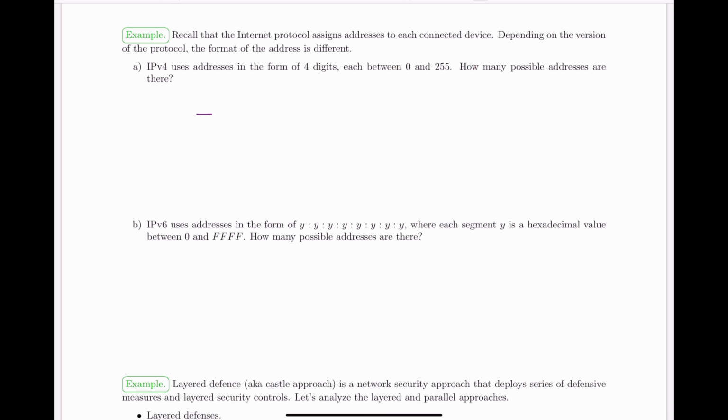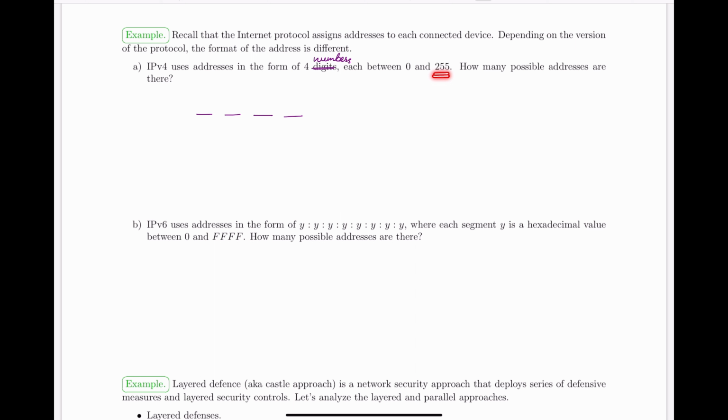As mentioned in the video, IPv4 uses addresses in the form of 4 numbers, each between 0 and 255. So if I'm going to count, what are the possible number of different IP addresses? I have to think of what are the possible options for each of the numbers. Each one of them is between 0 and 255.